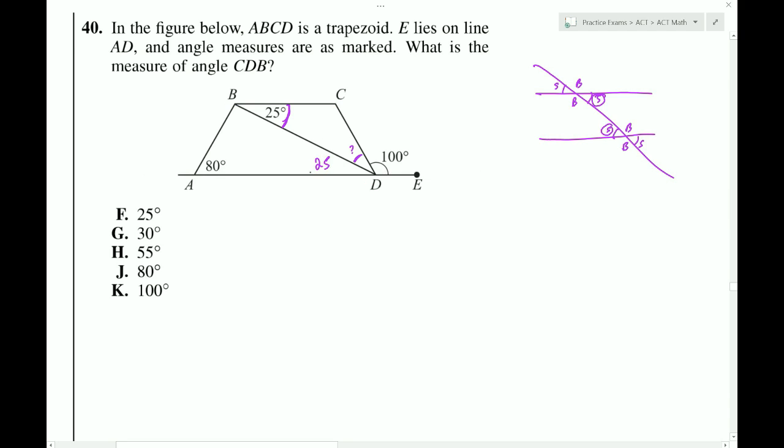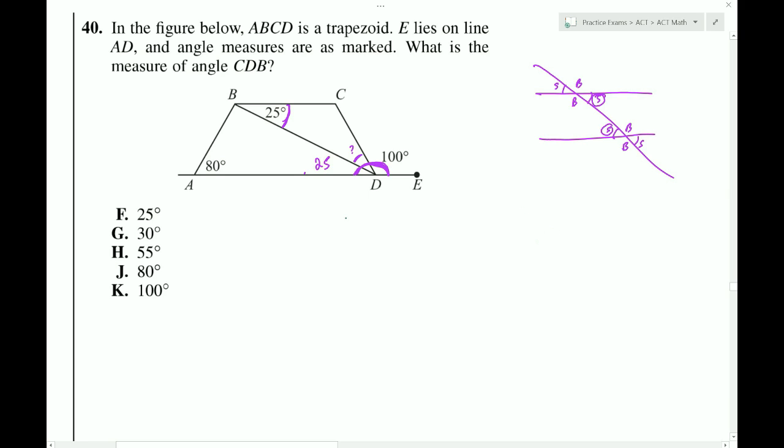Now the next piece of logic is that whenever we have a straight line, that is a measurement of 180 degrees, because as you can see, it's half a circle, and a full circle would be 360. So anytime you start on a line and end on a line, the total is 180. Here I could draw an arc which starts and ends on the same line, so that arc must contain 180 degrees.